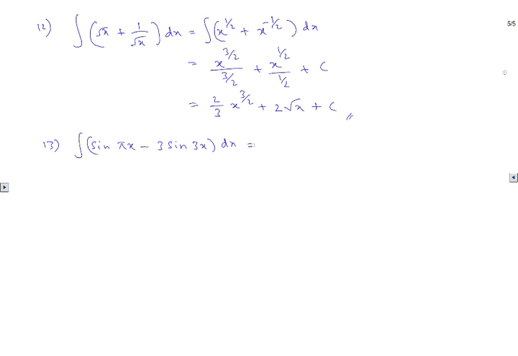Sine means negative cosine, so this is negative 1 over pi cosine pi x. Again this is sine, so the negative with the negative becomes positive 3, but as k equals 3, divide by 3, cosine 3x, plus c. Then you simplify if you can. Here the pi cancels, so you get cosine 3x plus c.